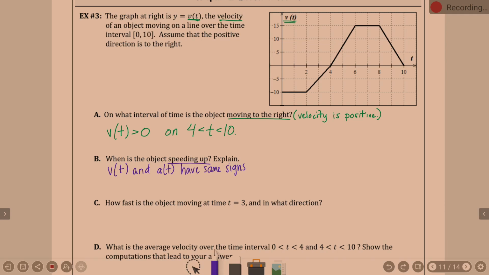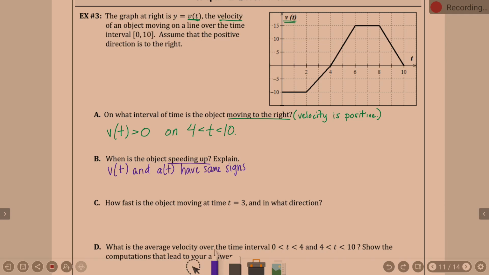From 4 to 6, velocity is positive because it's above the x-axis, and acceleration is positive because it is increasing. If acceleration is 0, would that be positive or negative? It'd be neither. So we know from 6 to 8, nothing can happen because we've got a 0 acceleration. From 8 to 10, I've got positive velocity but decreasing, so negative acceleration. 0 to 2 is not an option. Here we've got positive slope but negative values.